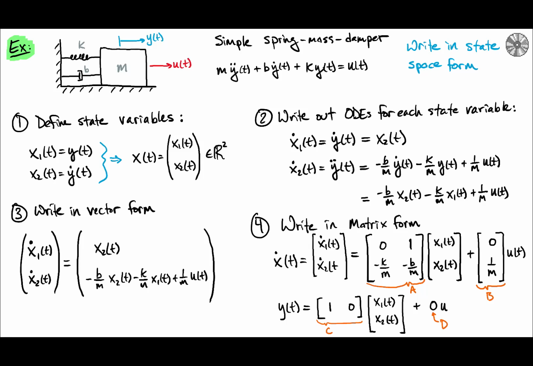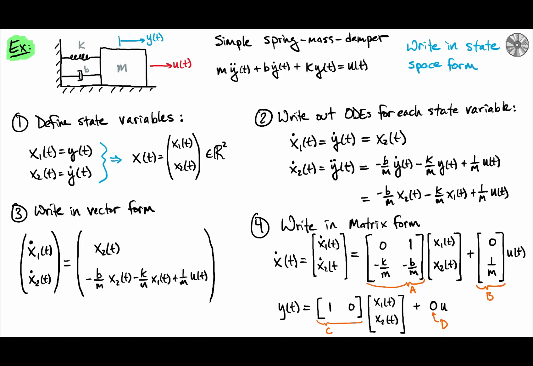So y dot is x2, and y is x1. And so notice what we've done now is we have x1 dot and x2 dot written in terms of only x1 and x2. There's no more y's involved. And so this is what allows us to rewrite the original differential equation into essentially a system of first order differential equations.